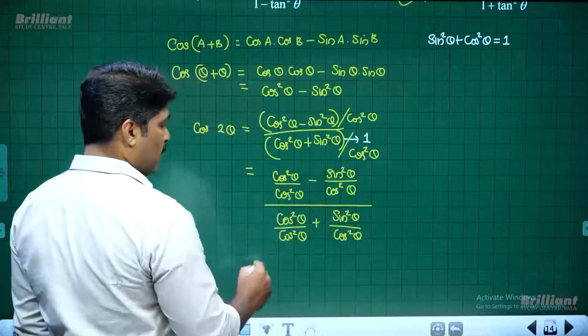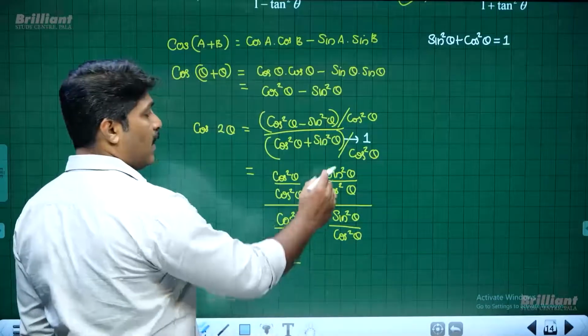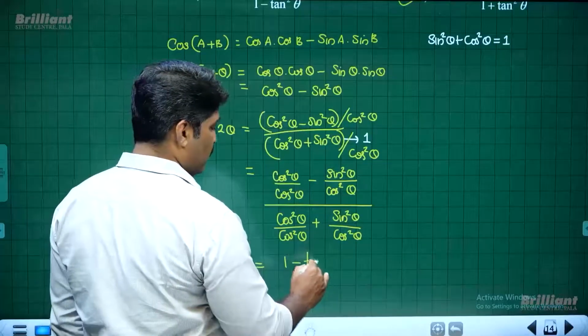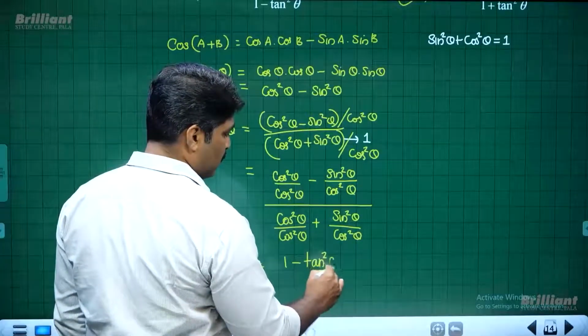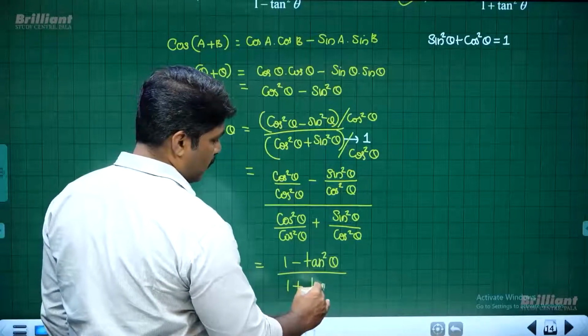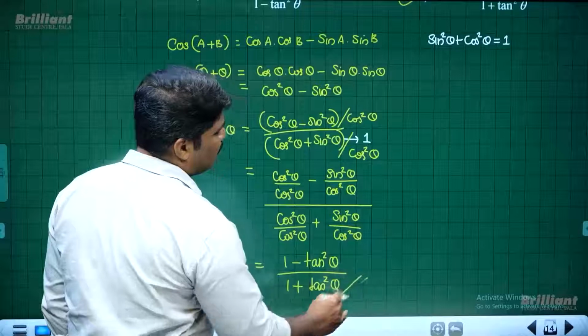Therefore the answer is 1 minus, as we know, sin square theta by cos square theta equals tan square theta. So this is (1 minus tan square theta) by (1 plus tan square theta). So this is the proof.